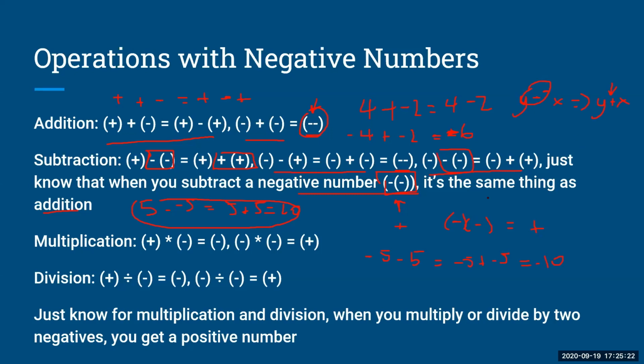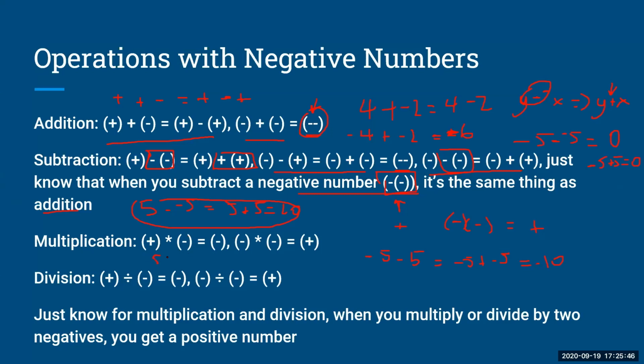So -5 minus -5 would give you 0, because that's -5 plus 5, which is 0.